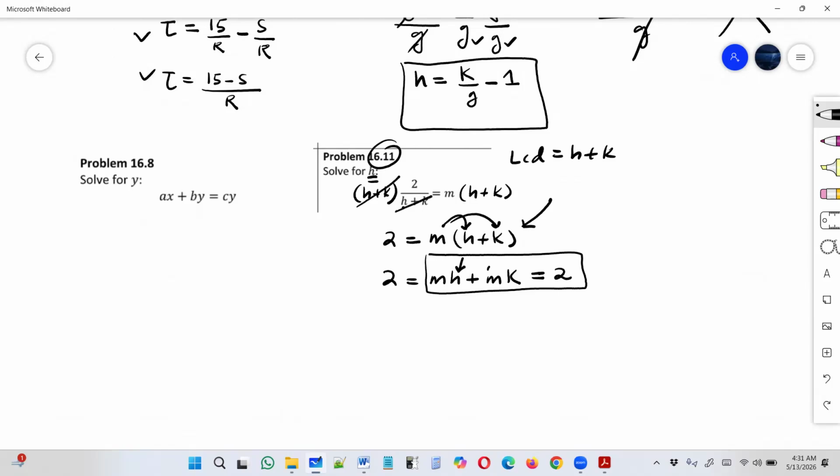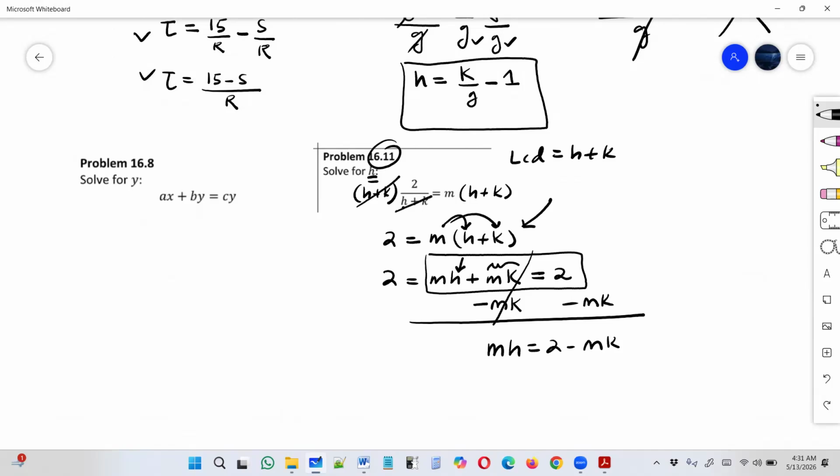So the very first thing I observe is this term doesn't have an h. So to get rid of it on the left, I subtract mk. And if you do it on the left, you do it on the right. So they cancel here. I'm left with mh equals 2 minus mk.